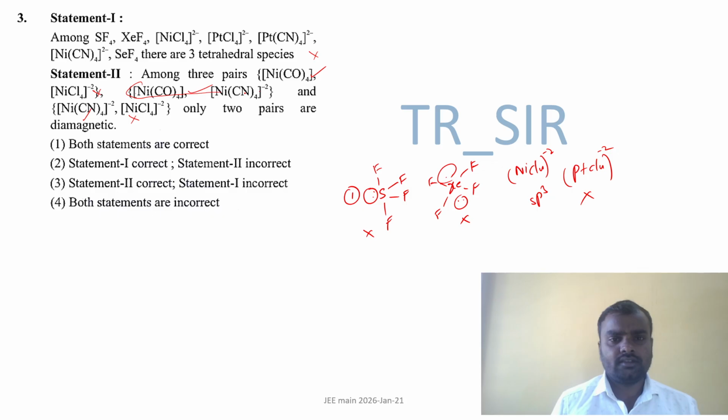In the second pair, this one is dia and this one is dia, so one pair is fully dia. In the third pair, this is para and this is dia. So statement one is wrong, two is wrong. Both are wrong. Option 4 is the right answer.